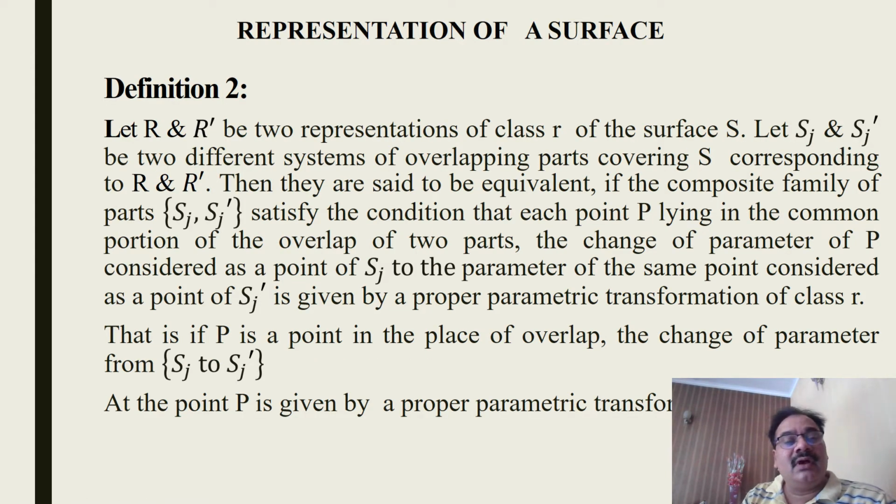Another definition related with this: let R and R dash be two representations of class R of the surface capital S, and let Sj and Sj dash be two different systems of overlapping parts covering capital S corresponding to R and R dash.